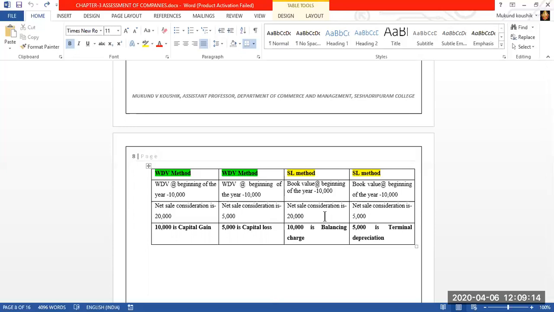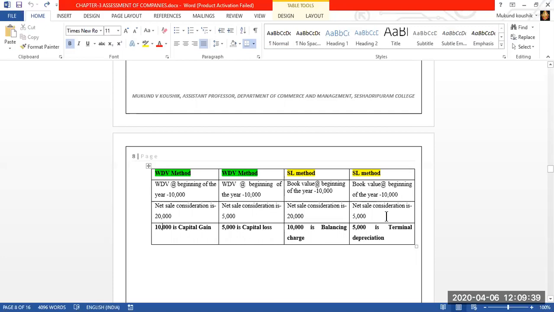Now this 10,000 will not be considered as capital gain. If you are following the straight line method and you incur any profit on sale of plant and machinery or any other asset, then whatever profit you incur will be considered as balancing charge.